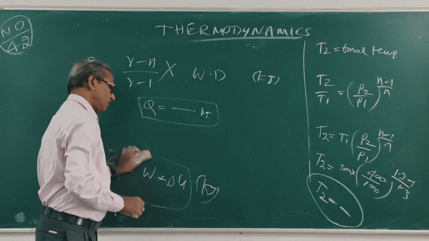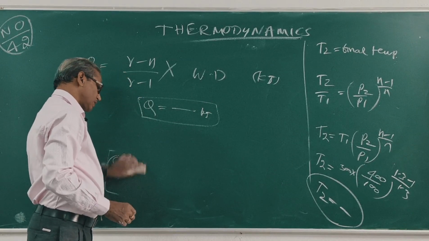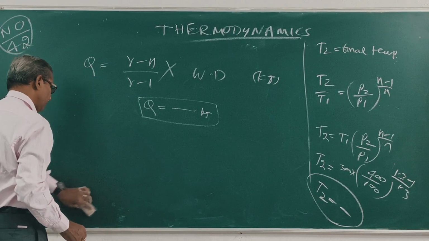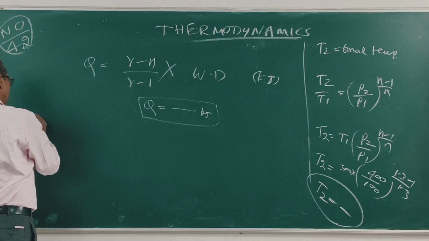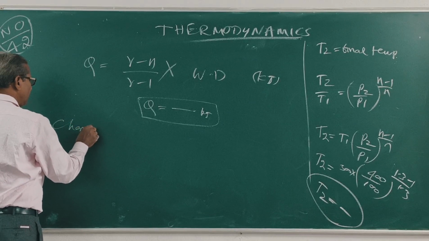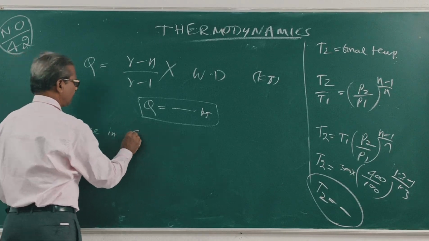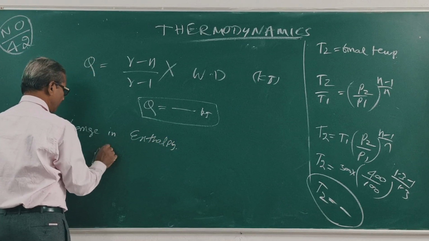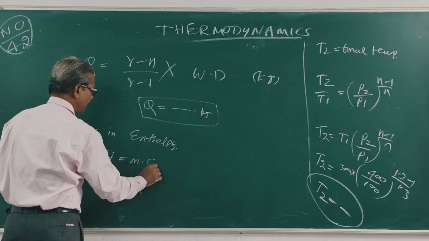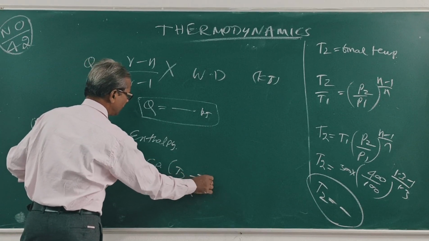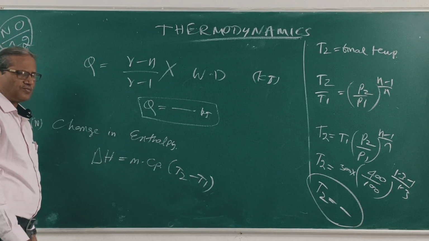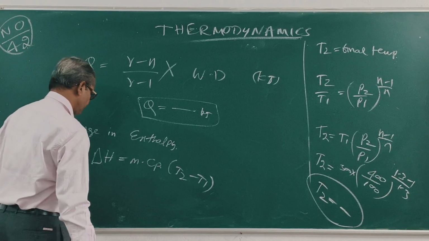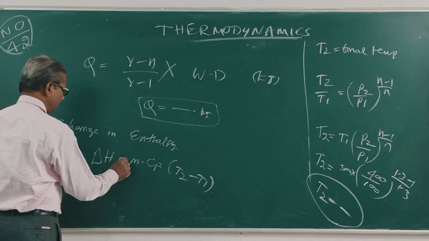Then, change in enthalpy. Delta H is equal to m Cp into T2 minus T1. Clear? What is m? 10 kg.